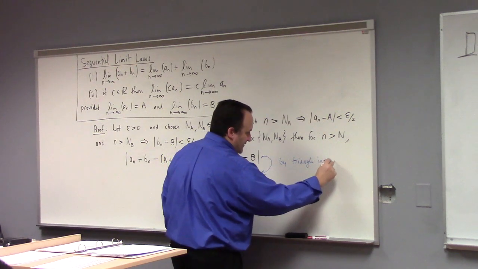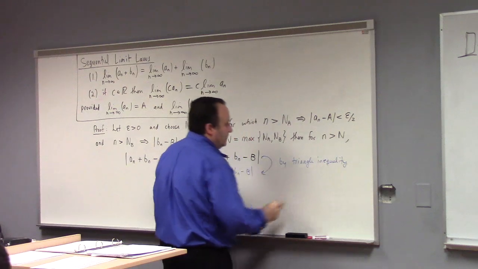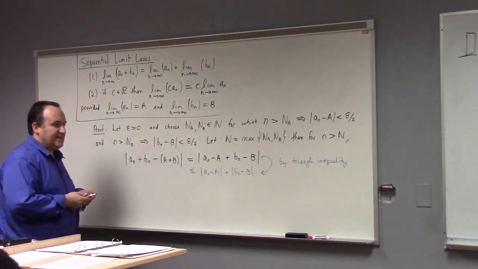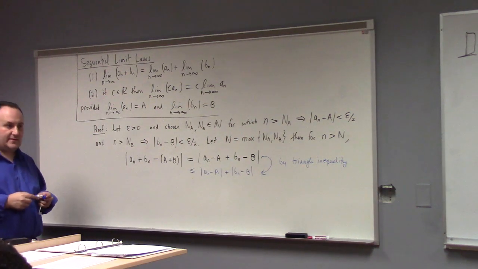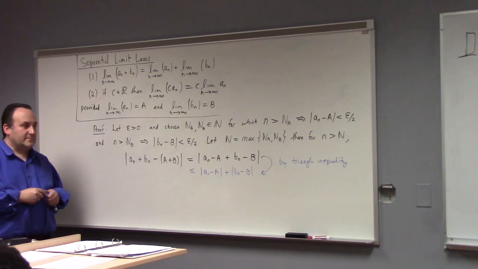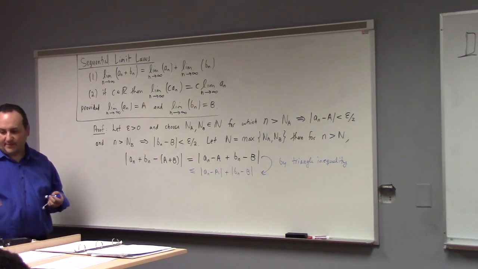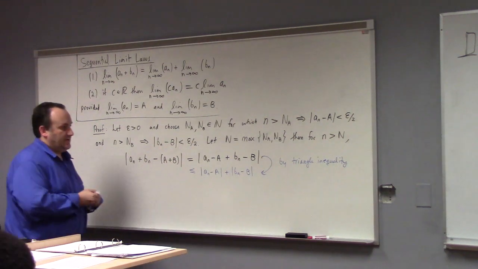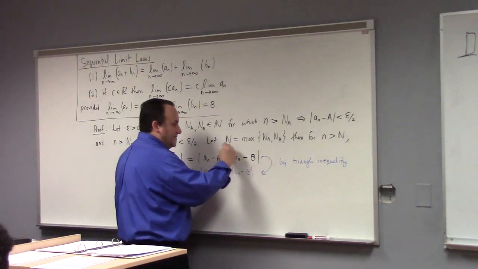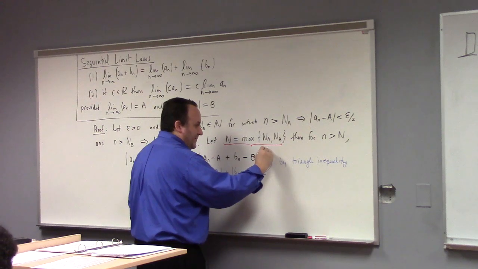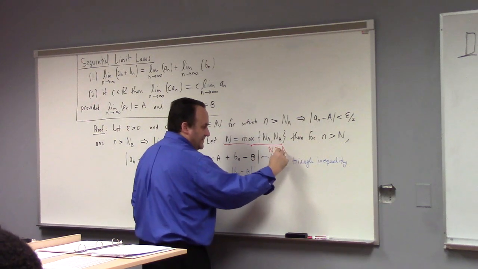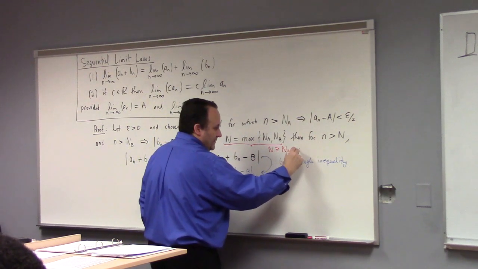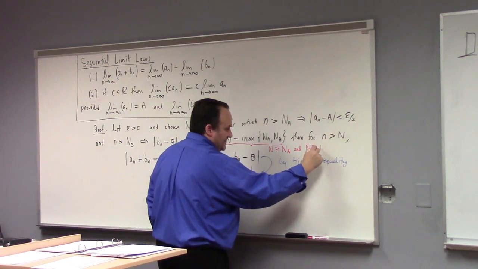But let me ask you a question. We've assumed that n is the maximum of n sub a and n sub b, right? What does that mean? Think about this. That gives you two things, right? So if this is the case, what do we have? We have n is greater than or equal to n sub a, and n is greater than or equal to n sub b, right?